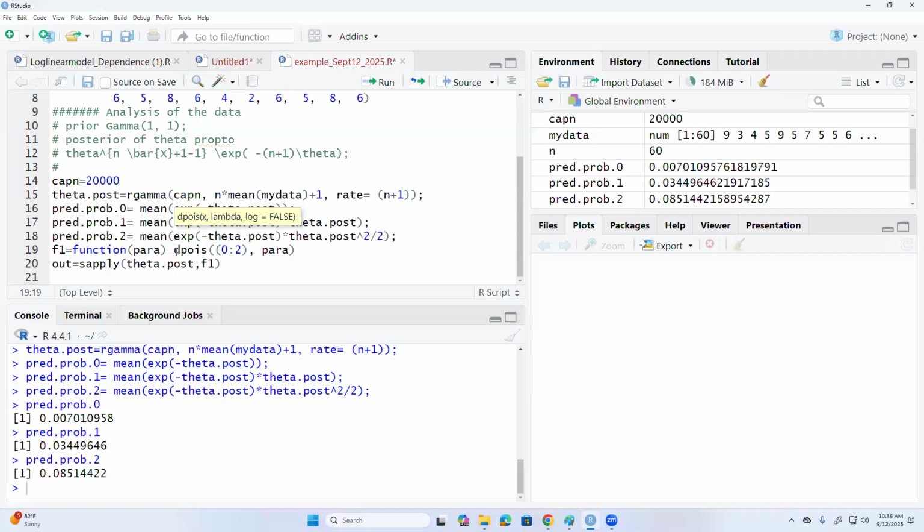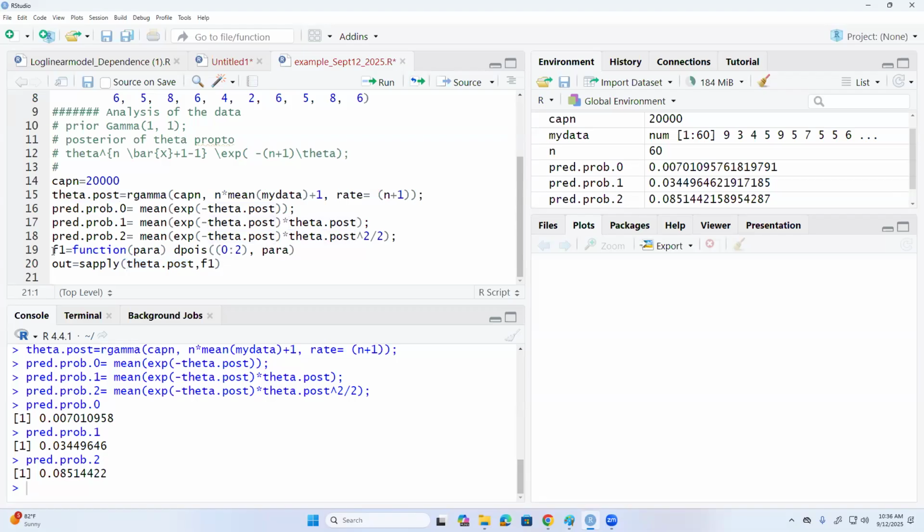But in R, everything is called density function, irrespective of whether it is actually a probability mass function or probability density function. So in R, it is dpois that returns the probability mass function at these values 0, 1, and 2, and it is evaluated at this parameter value. Now, what I want is to evaluate at all these sampled theta values and take the average.